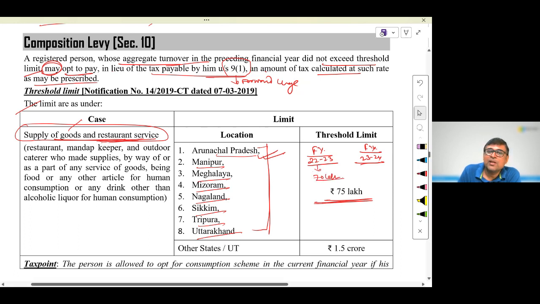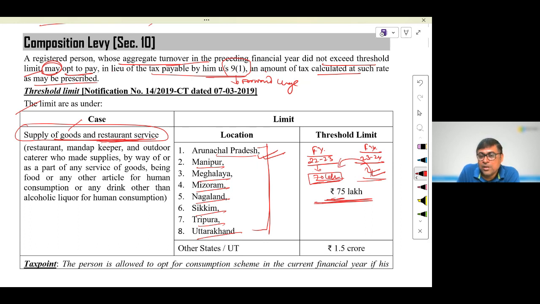In this situation, if this is your turnover that is within the threshold limit of 75 lakh, you are entitled, you may opt this composition levy for financial year 23-24 and so on. That means whether you are eligible for this scheme or not in this particular financial year, you are supposed to check your turnover for the preceding financial year.